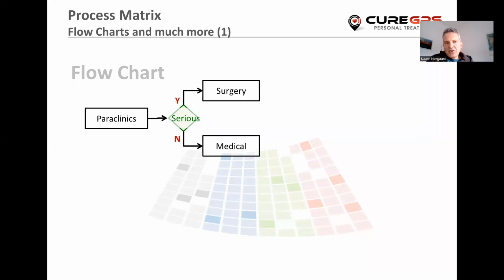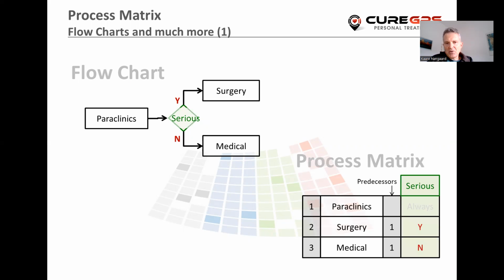And that's when we introduce the so-called process matrix. It can be simply understood if you liken it to the same flowchart, which would be inhibitively complex when it undertakes a cancer treatment, but it's easier to show now in order to explain what a process matrix is. These two diagrams are the same.